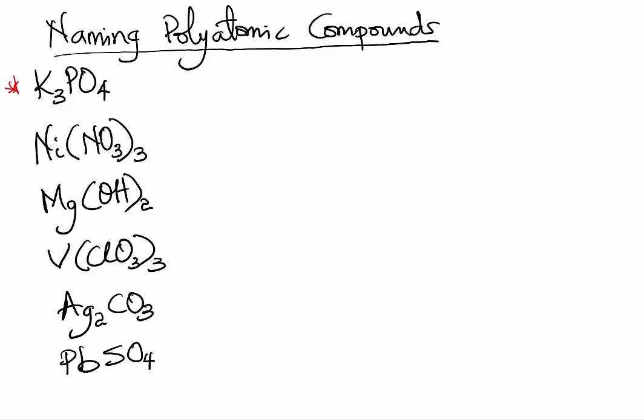The metal here is potassium. If you look at the periodic table, you will see that potassium is from group 1A. All the elements in group 1A have a charge of +1. Since it has a specific charge, we do not need to put the charge in a parenthesis in front of the name of the metal.